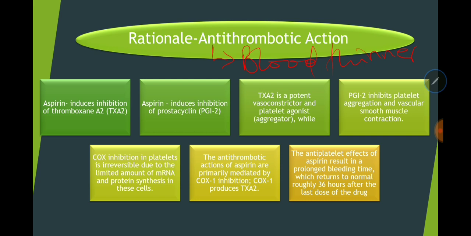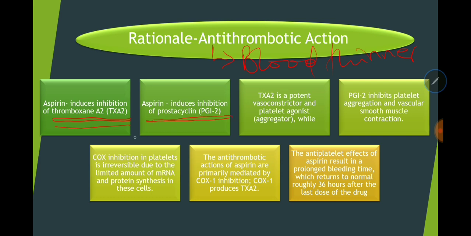The way it is an antithrombotic, the way it thins blood and prevents the blood from clotting, is because aspirin inhibits thromboxane A2, which is abbreviated as TX. All right, some of the actions: aspirin induces inhibition of prostacyclin.